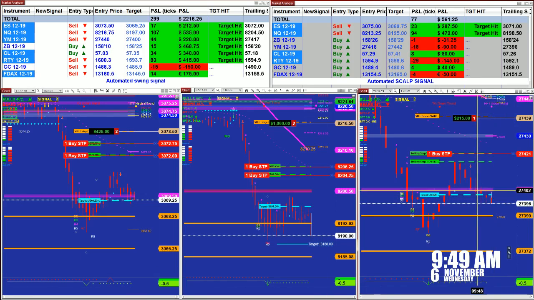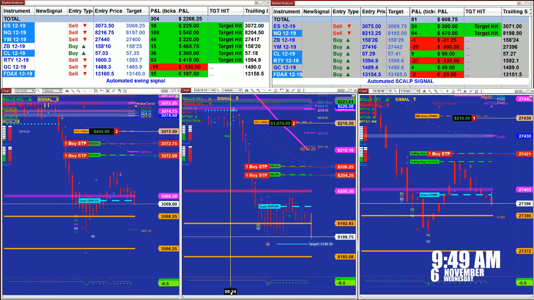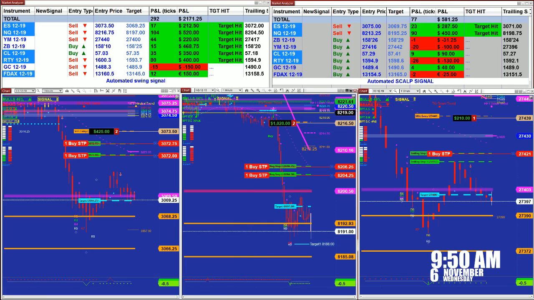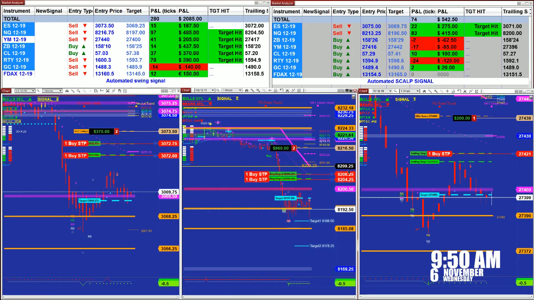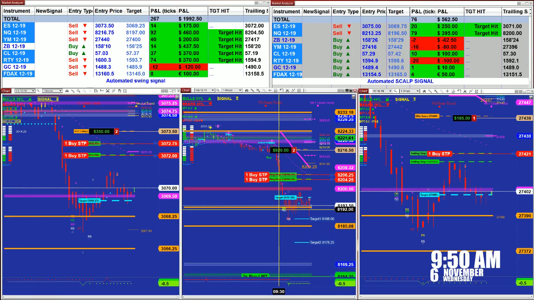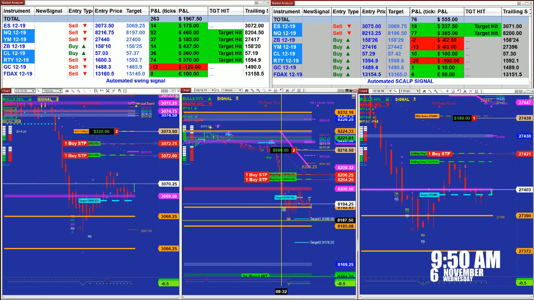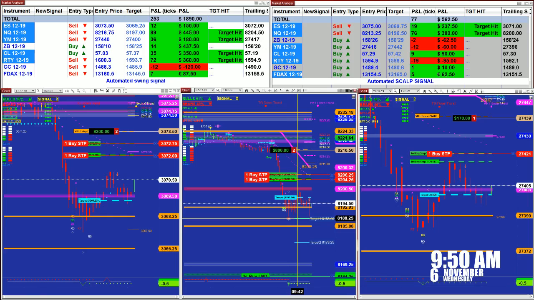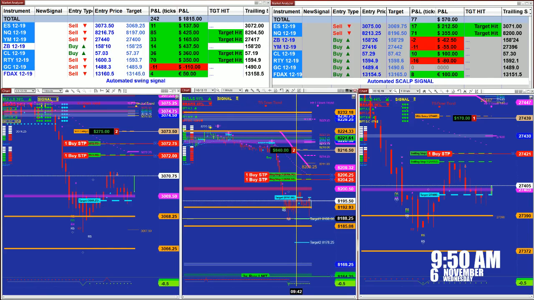So guys, again, this is the end of it. Once you start going in between those yellow lines, this is the end of it. You need to exit. If we look at the NASDAQ, we have a target one between those two yellow lines.